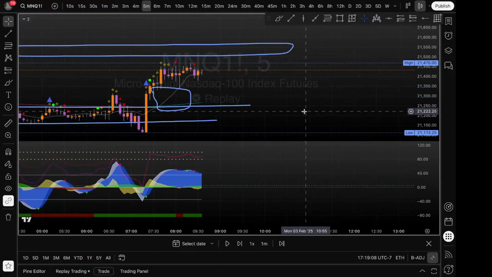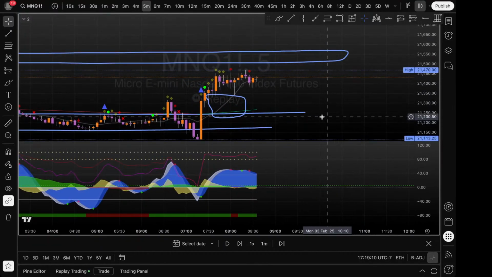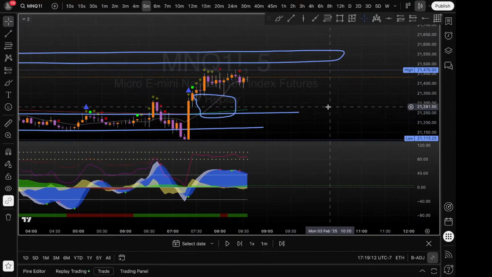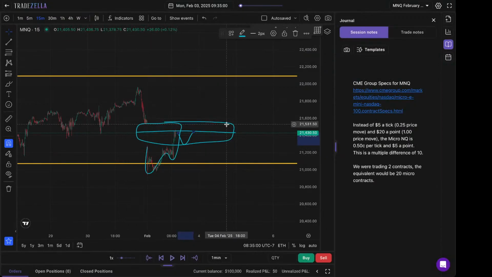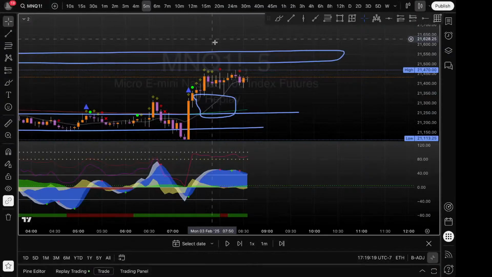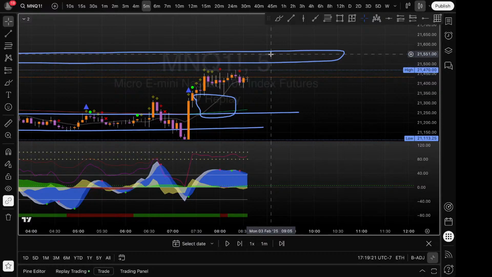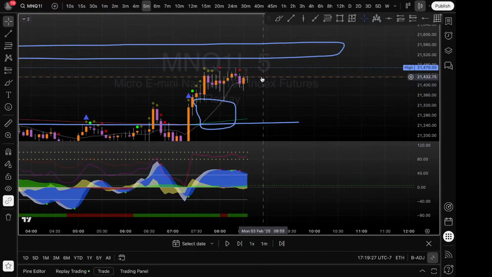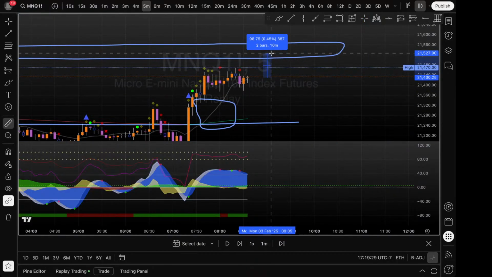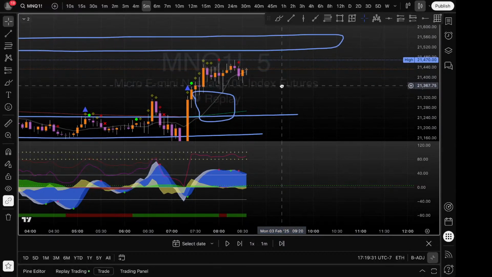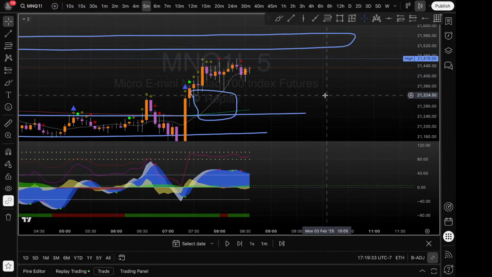Okay. $531. Somewhere in the middle of here. Oh yeah, that's still an opportunity for a trade.